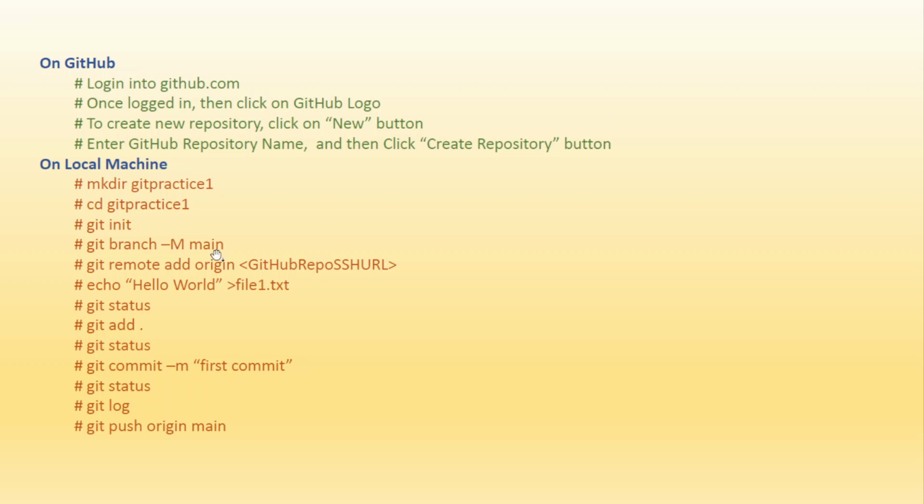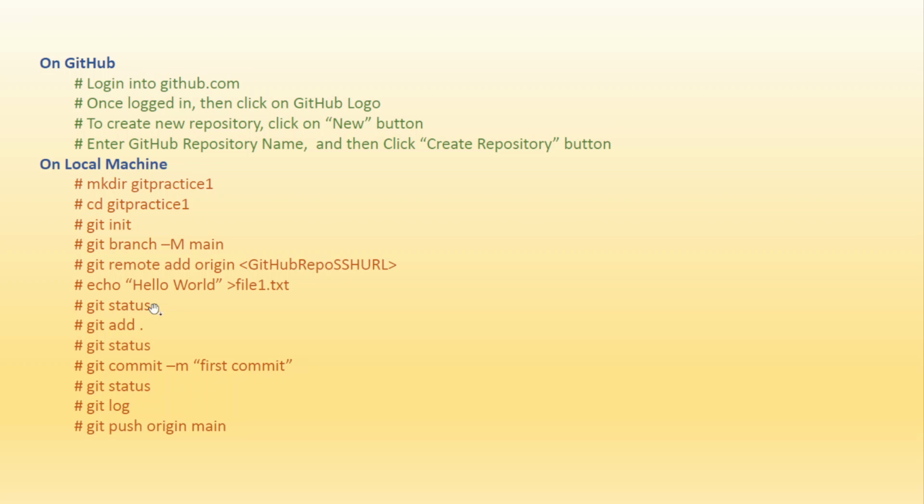We will create our first branch, that is the main branch. Then we'll add the details of the remote repository. This particular URL should be the SSH URL because we have created the SSH connection. I'll show you from where we can get this URL. We will create our first file as file1, which will have the content hello world.